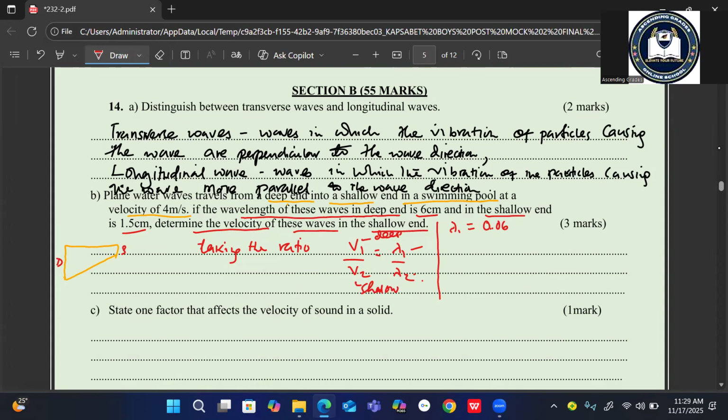Then our wavelength 2 is 1.5 centimeters, which is 0.015 meters.